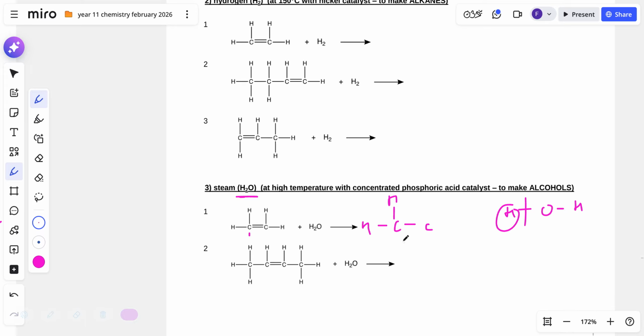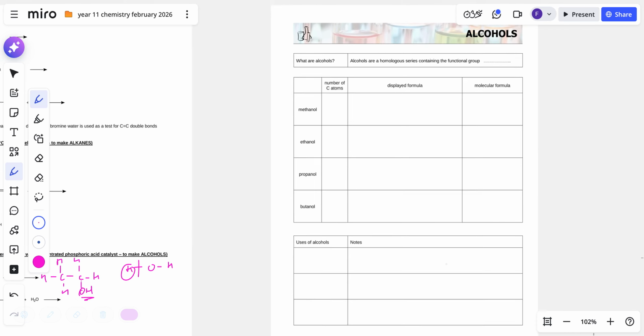One of these hydrogens ends up here, and the OH ends up there. Now, if it has an OH on it, it is an alcohol.